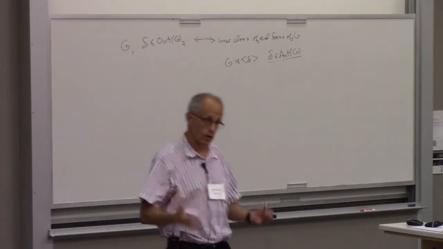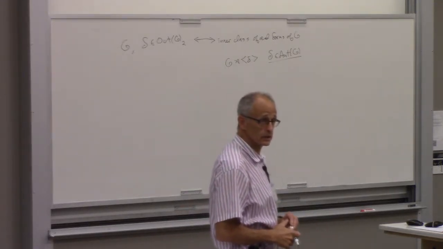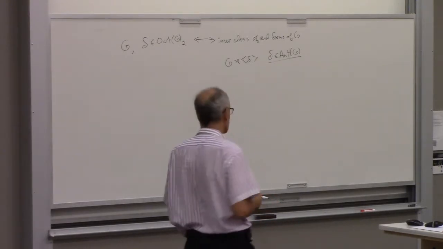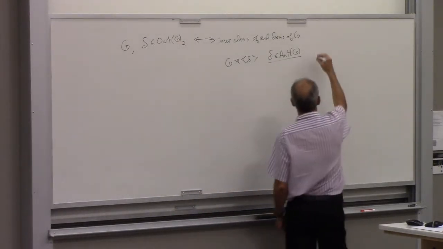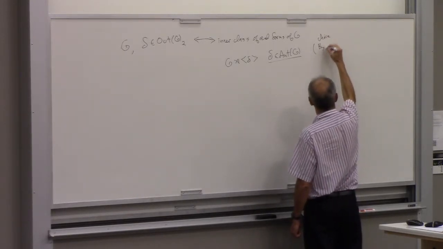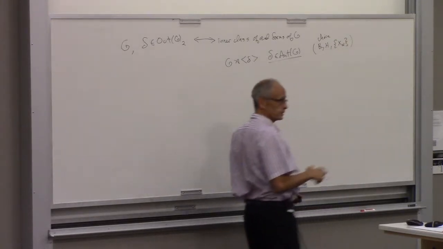I need to choose an automorphism. Got it. And so this requires the choice of B, H, and the collection of X alphas. This is the pinning data.